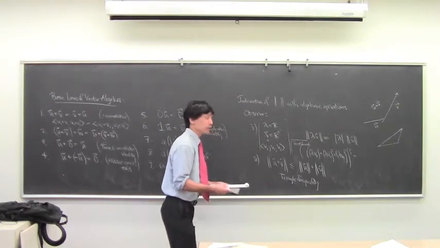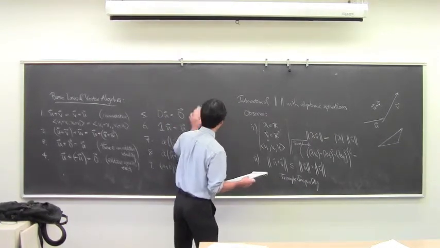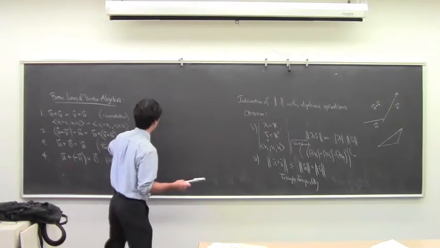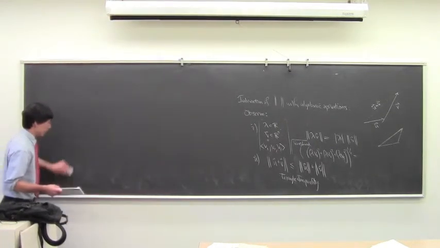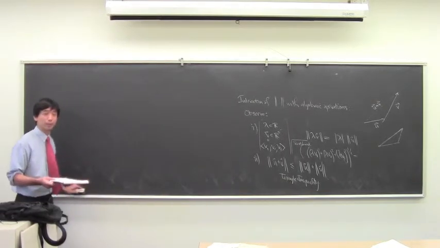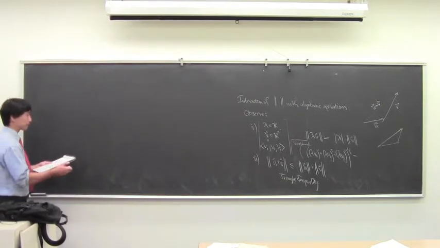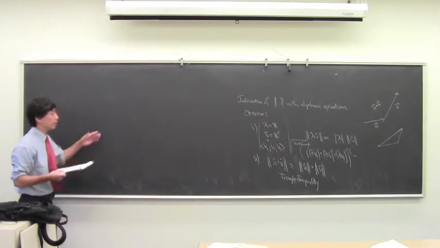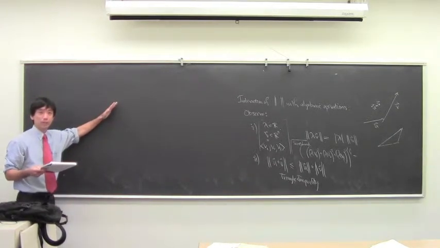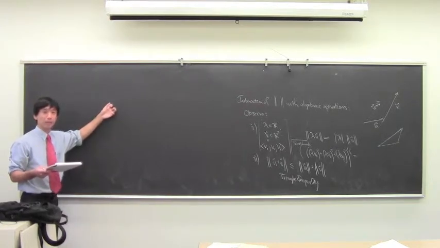Okay. So a couple more ideas. These are just facts that will come in handy to you. When we initially talk about vectors, we say they're things with magnitude and direction, and we have some geometric way of talking about that.